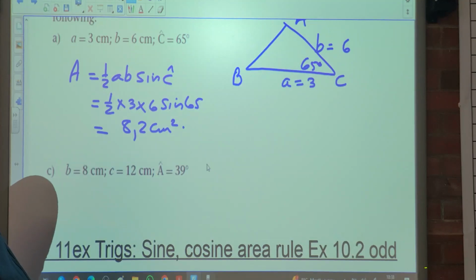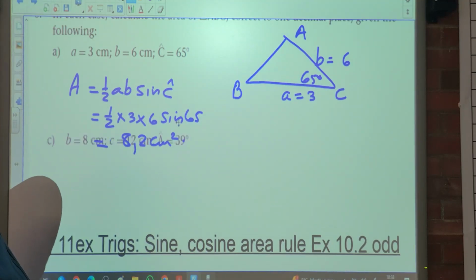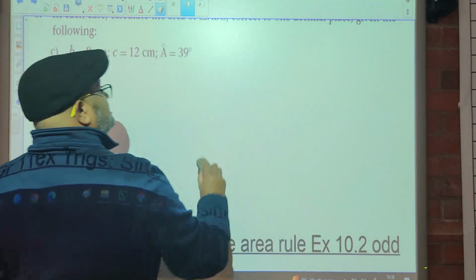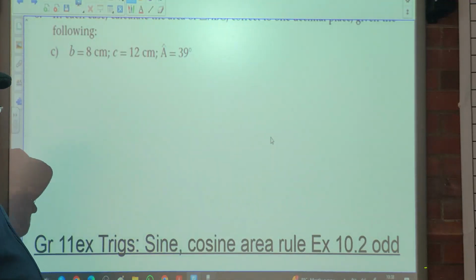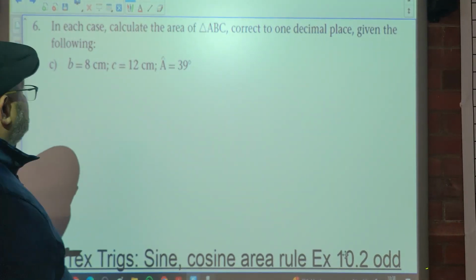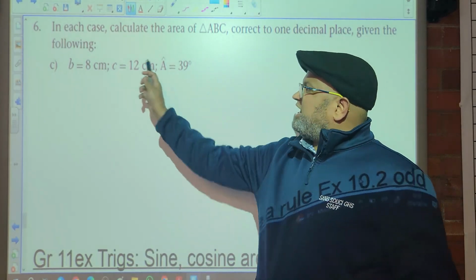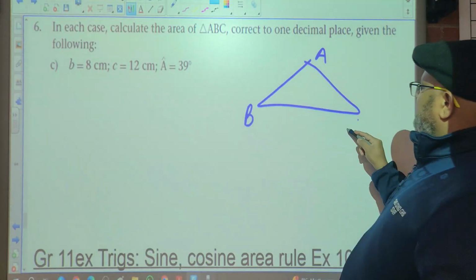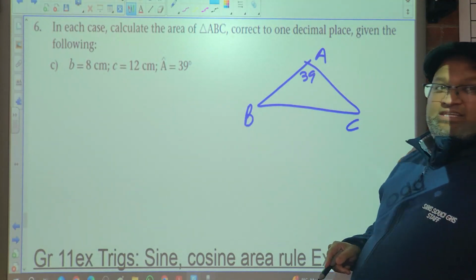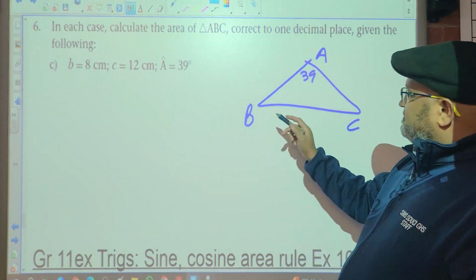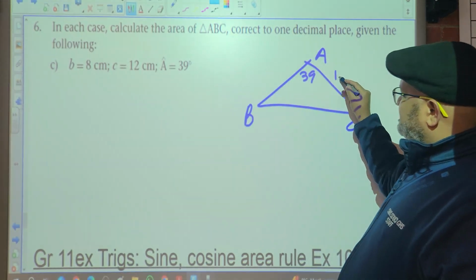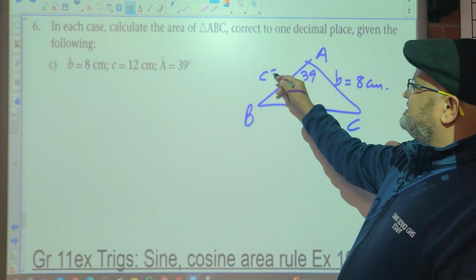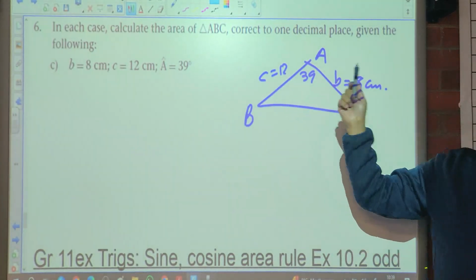Let's keep this question number in focus. So again, we have triangle ABC. Angle A is 39 degrees. Not so. Lowercase b, which is opposite vertex B, is going to be 8 centimeters. Opposite vertex C is lowercase c, which is 12. Do we have two lengths and an included angle?